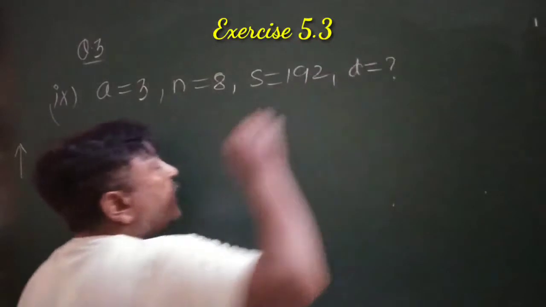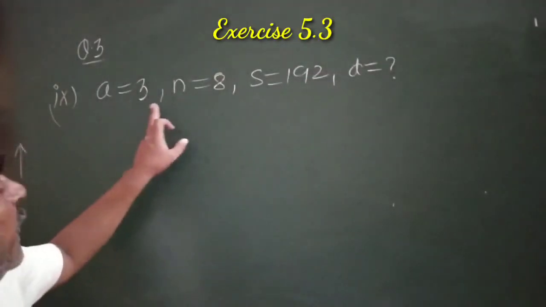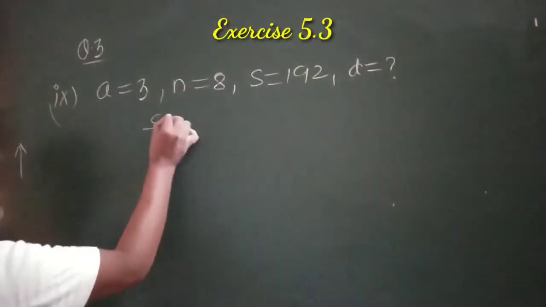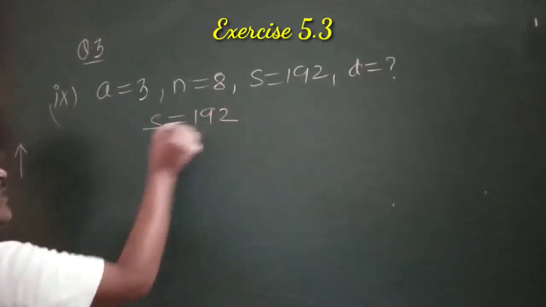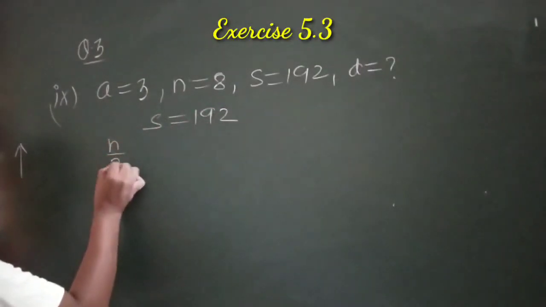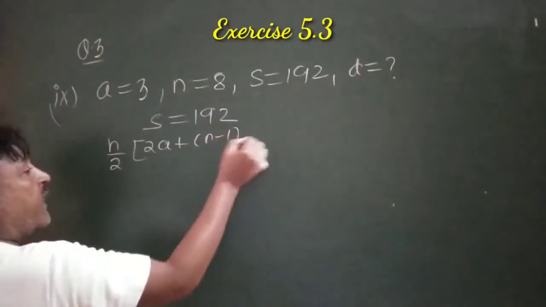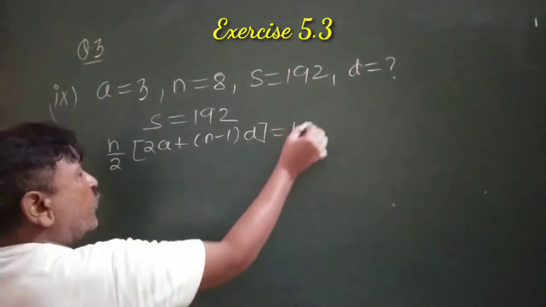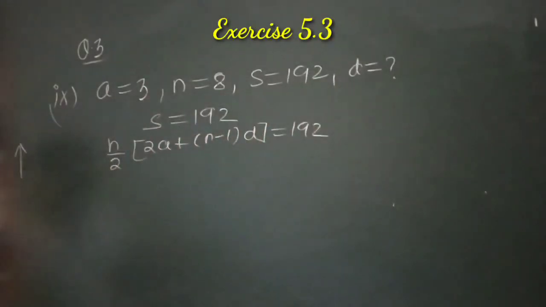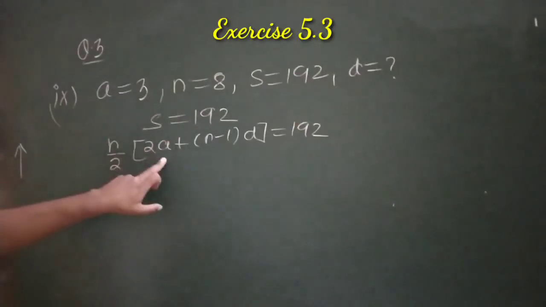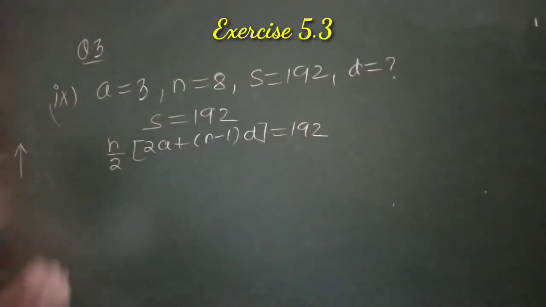So how to do it? Do we have some formula here? Yes, the sum is 192, so we can use the formula of sum, n upon 2 times (2a plus (n minus 1)d) is equal to 192. We have to substitute the values: n value we have, a value we have, so we will get d. No problem at all.